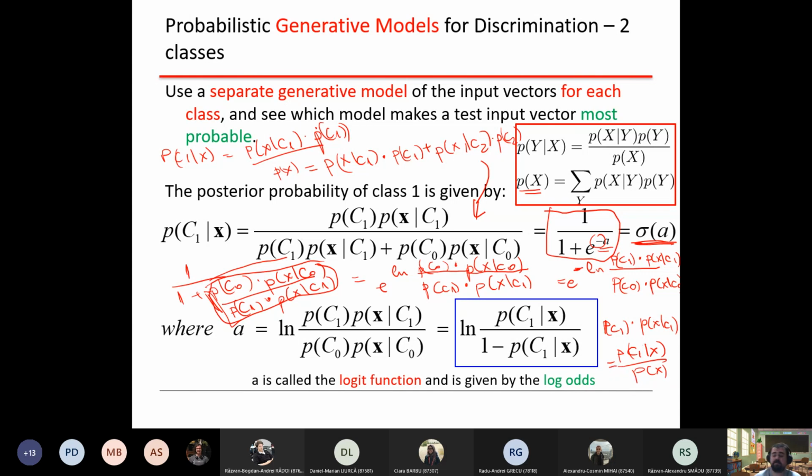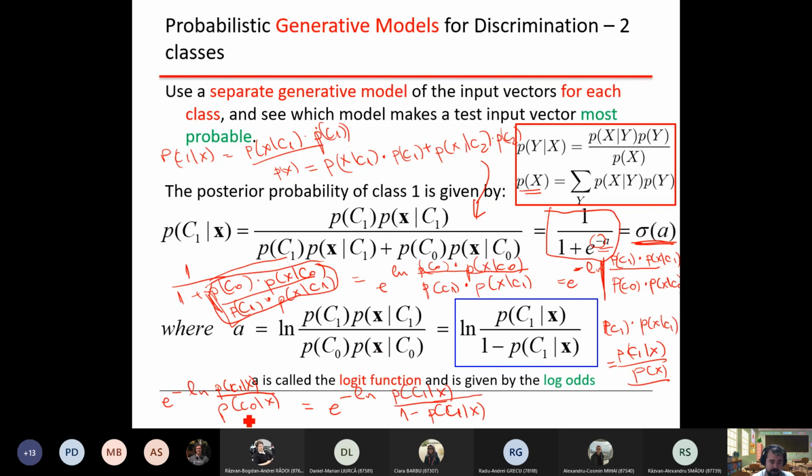Do you agree with that? So if we divide the terms from here by P of X, it means that we will obtain e to the minus logarithm of P of C1 given X divided by P of C0 given X. But since we have only two classes, P of C0 given X is nothing else than 1 minus P of C1 given X, because you know the two classes should sum up to 1.